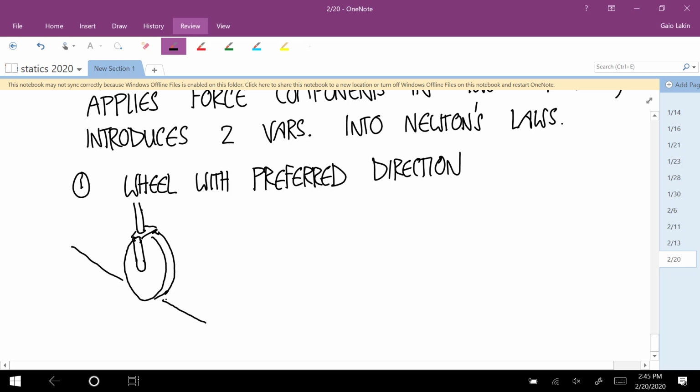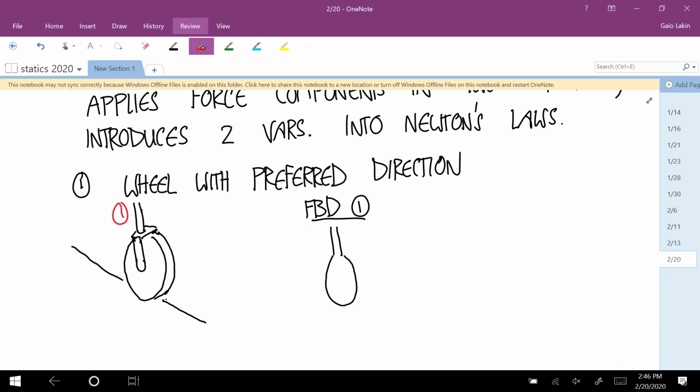Okay. And a free body diagram. If this is the direction that it's free to roll, what are the directions of the force that this applies?